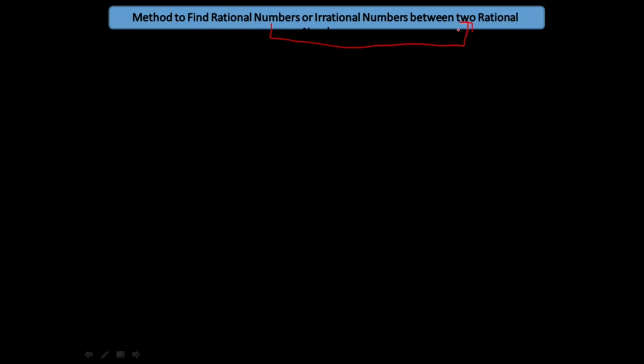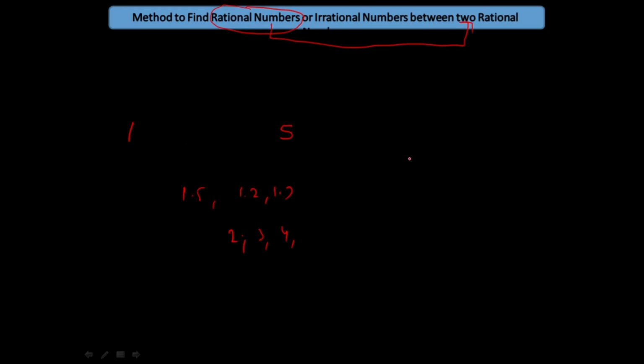If we are given two rational numbers, for example, 1 and 5, how can you find rational numbers between two rational numbers? These are two rational numbers. How can you find a rational number in between them? Yes, very easy. Even I can say 1.5, 1.2, 1.3, or 2, 3, 4. All these are rational numbers between these two rational numbers.